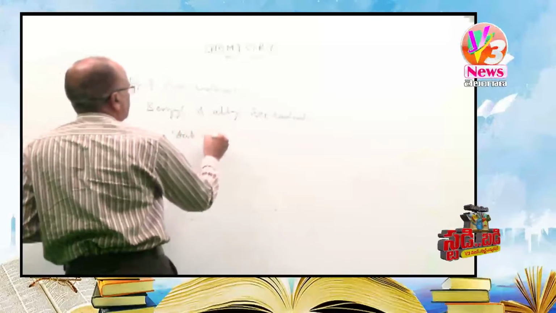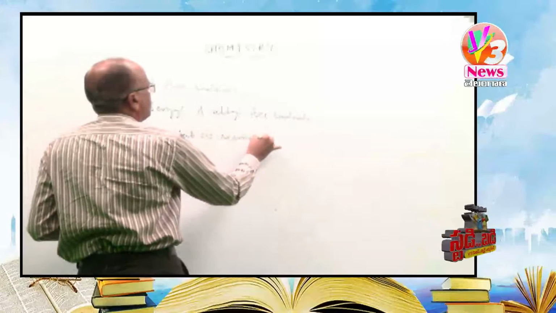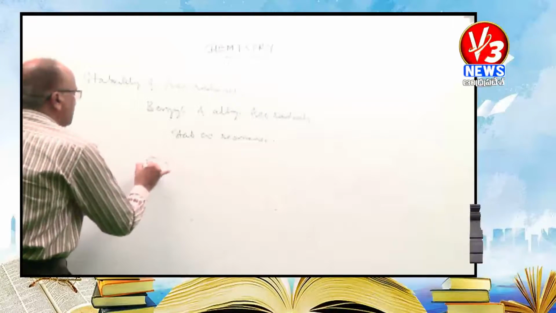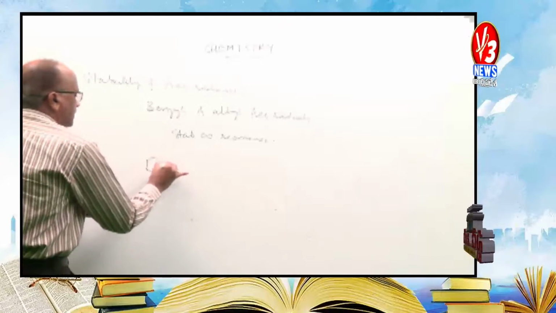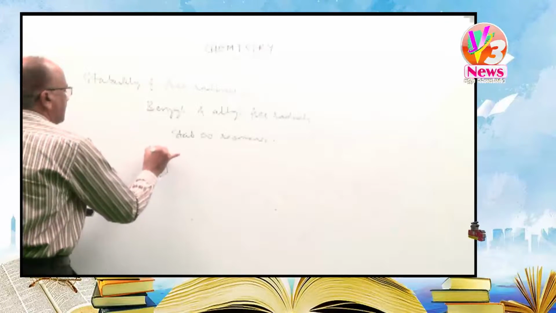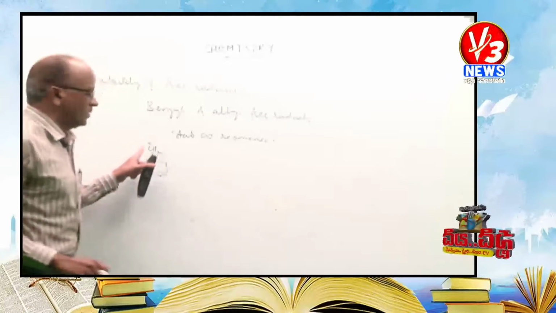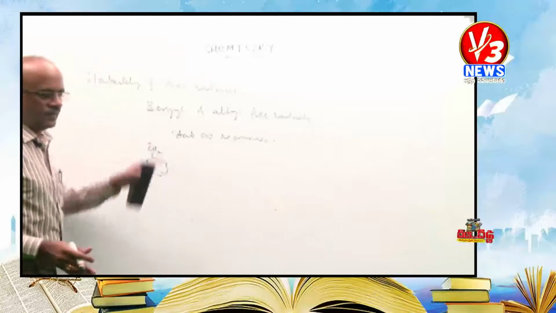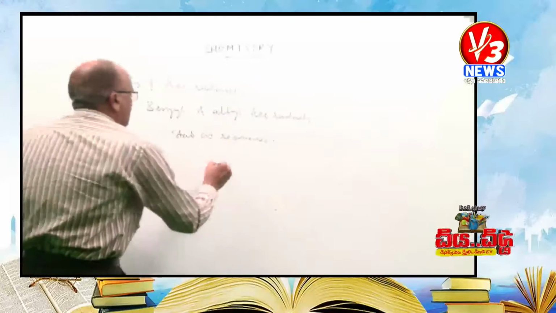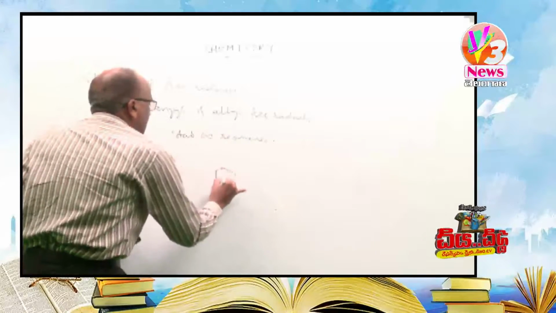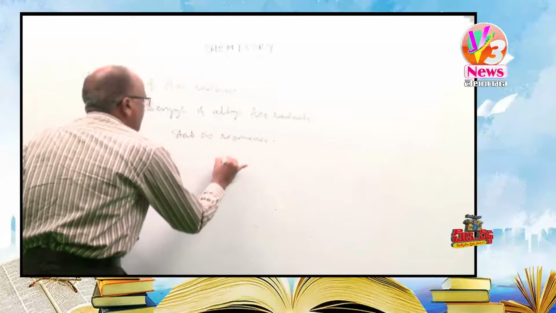Now I will take one example. Already you know how to write resonating structures. Yesterday we discussed how to write resonating structures of free radicals. With that you can write another, a secondary benzyl free radical.